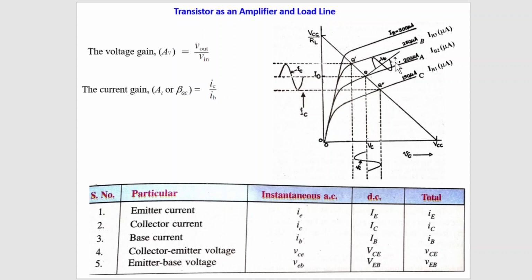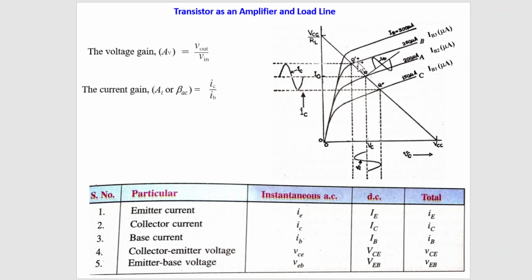Let us say this is the input current, for a given input DC. This is the output characteristics for the DC signal. This is the base current I_B1, I_B2, I_B3. This is the zero signal base current, and this is the actual applied AC signal which we want to amplify. This Q point is chosen.